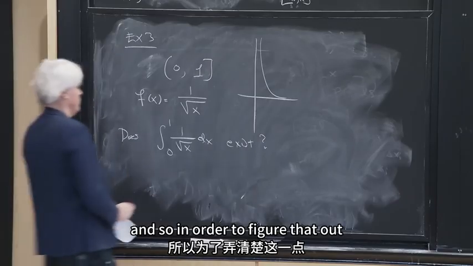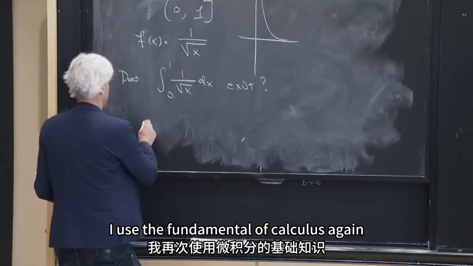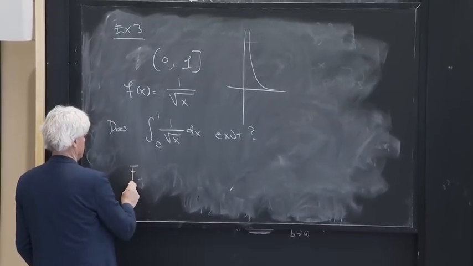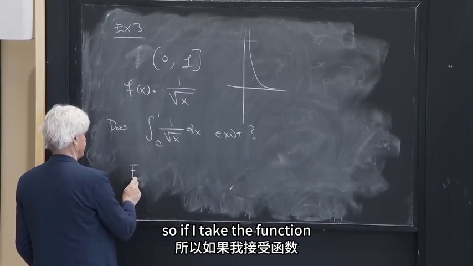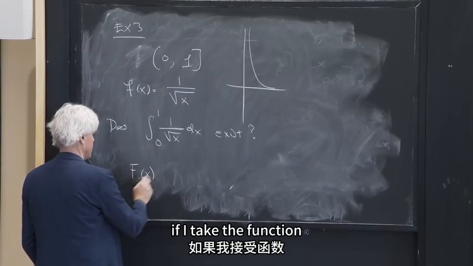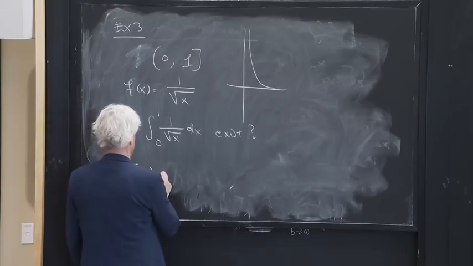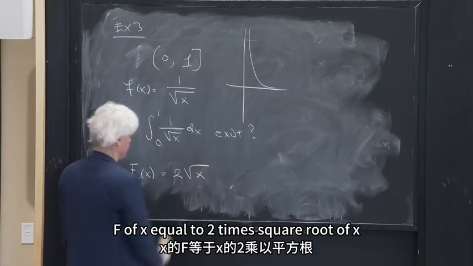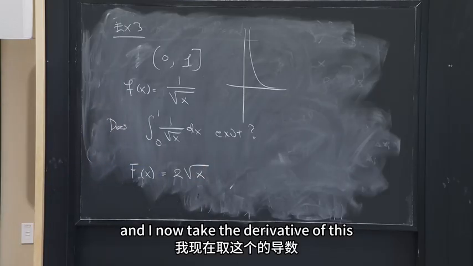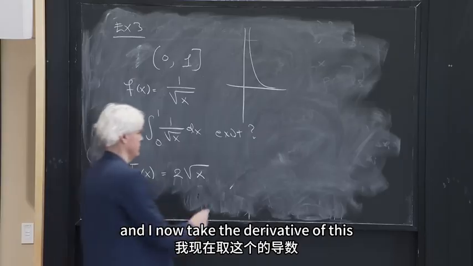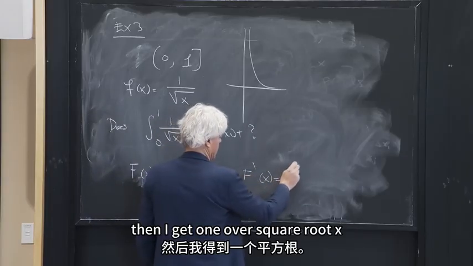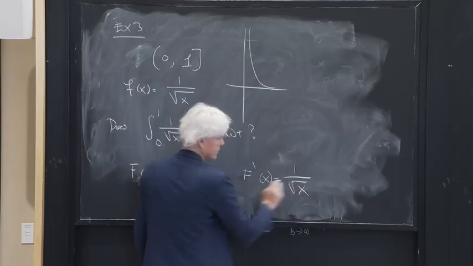And so in order to figure that out, I use the fundamental theorem of calculus again. So if I take the function F of x equal to 2 times square root of x, and I now take the derivative of this, then I get 1 over square root of x.